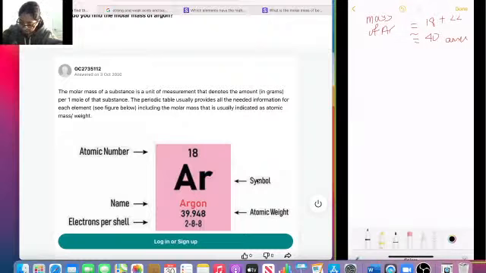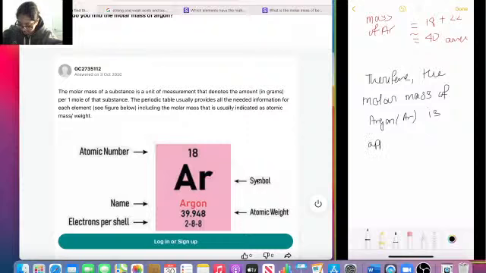Therefore, the molar mass of argon is approximately 40.0 grams per mole.